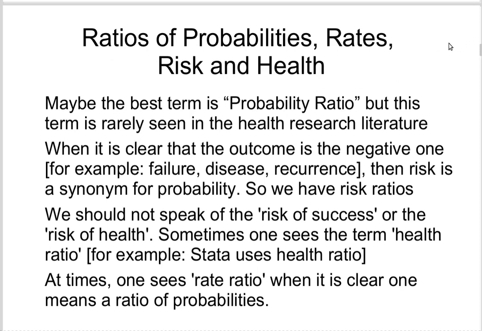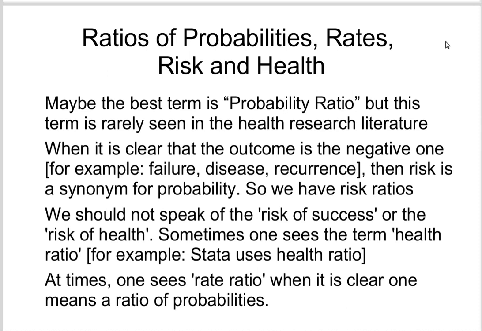One might argue that for clarity, referring to these ratios as probability ratios would be the clearest, but this isn't often seen in the literature. But we should be careful to speak of risk when it is something negative.